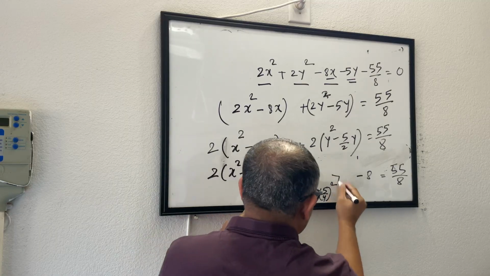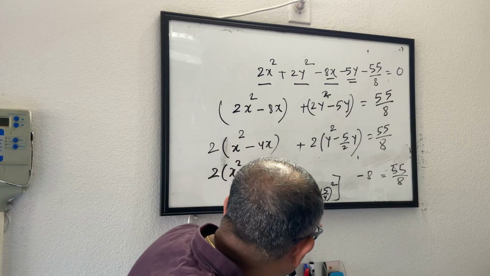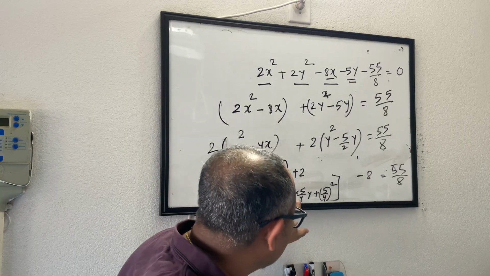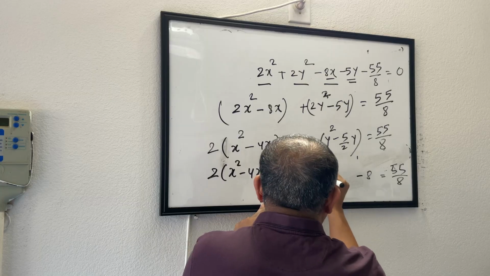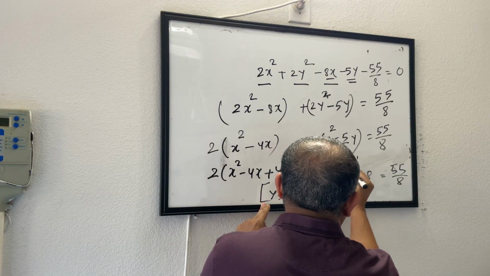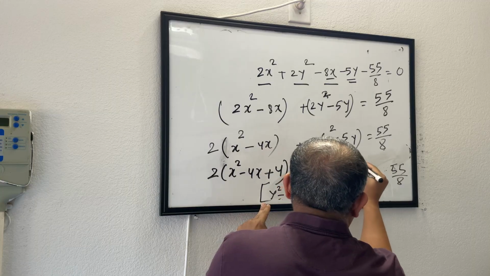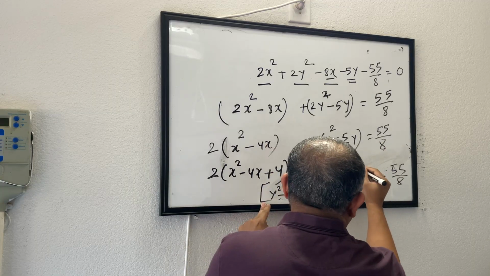If I have this thing, so this becomes a squared minus 2 into a into b. So if we add this thing here, y squared minus 2 into 5 by 4 y plus 5 by 4 squared.